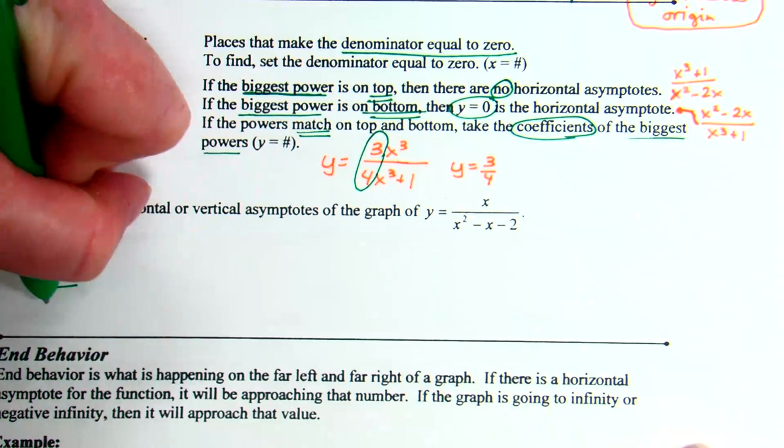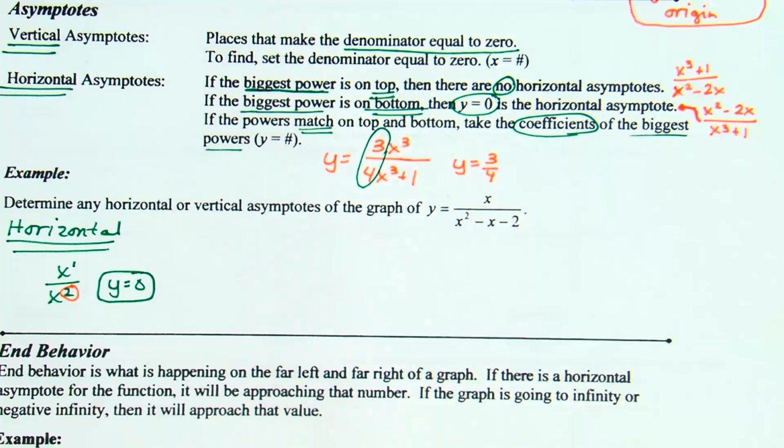Now, let's also check vertical. Thoughts on vertical? Okay, set the denominator equal to 0.